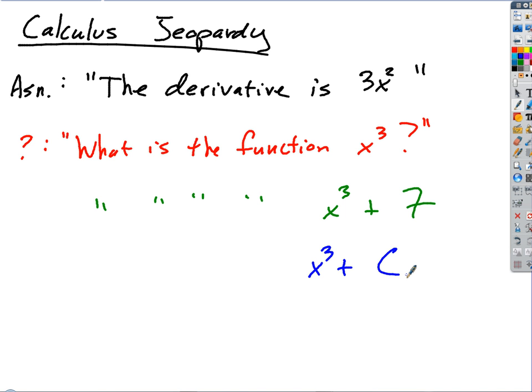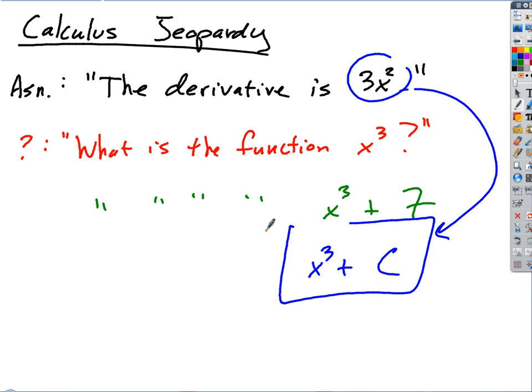It's the anti-differentiation process. It goes the other direction. So the antiderivative of 3x squared is x cubed plus c, because if I take the derivative of this, I always get that back, right? Okay, make sense?